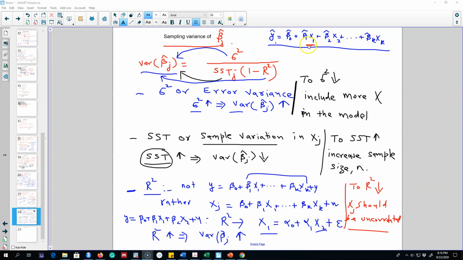Also note that if we are interested in this beta 1 coefficient, and we are interested in the impact of this x1 variable on y, and we are controlling for other factors by including other variables x2 up to xk, then the correlation between, say, x2, x3, x4 may not be very problematic.